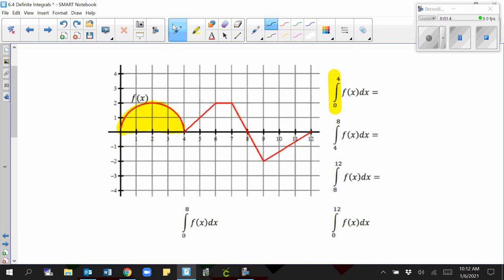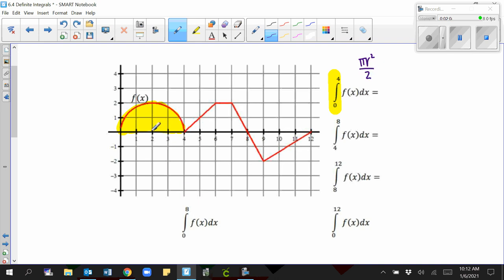So if we're trying to find that exact area, well, we know how to find the area of a circle, and a semicircle is just half. So we take the area of our circle and divide it in half. Our area for a circle is pi r squared. So we're going to look at pi r squared divided by 2.